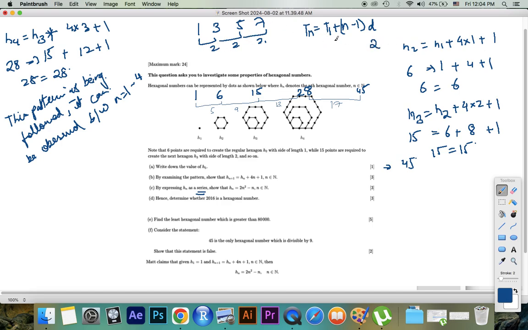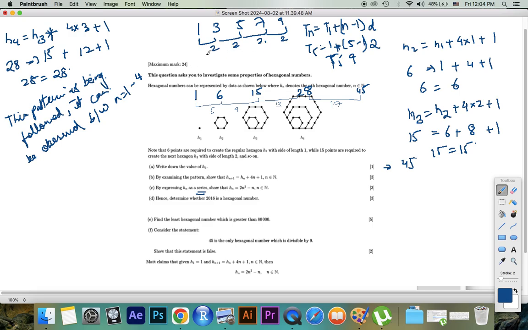And for the fifth term, n is 5, 5 minus 1 is 4, and T1 is 1. So T5 is equal to 1 plus 5 minus 1 into 2. So 1 plus 4 into 2 is 8, 8 plus 1 is 9. So T5 is equal to 9, right? So that is a basic arithmetic sequence where the difference is met at level 1 only.